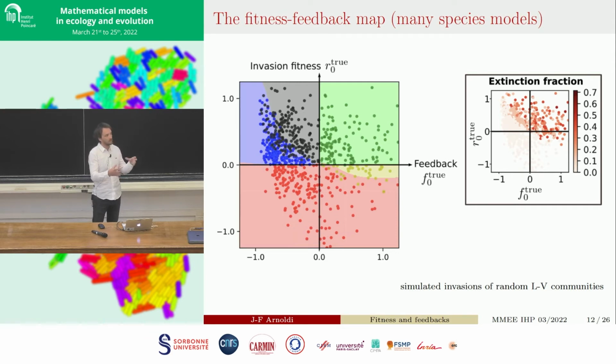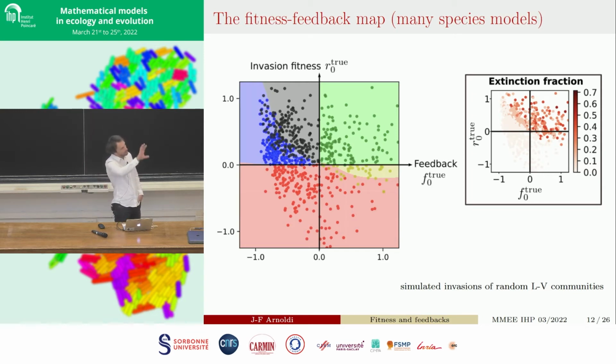The colors are used by an algorithm that is trying to decide where to put the line, and it looks very much like the two species case. And if you worked it out a bit more carefully analytically, you could find that under a certain rescaling of the axes, there is some universality, a way to universally draw this phase space.